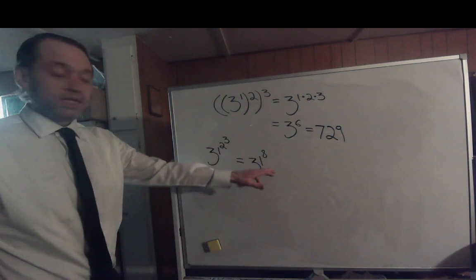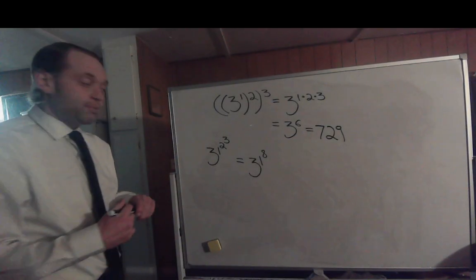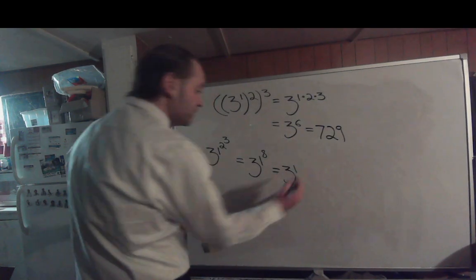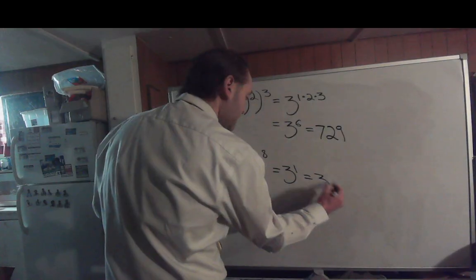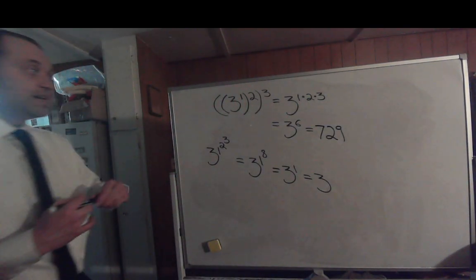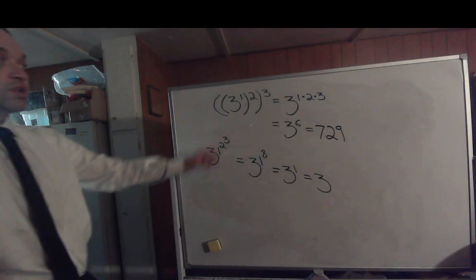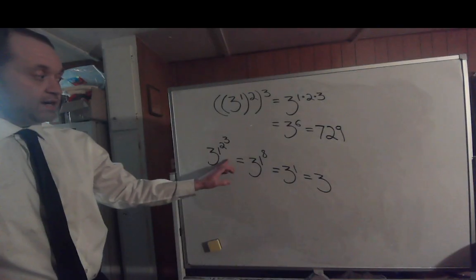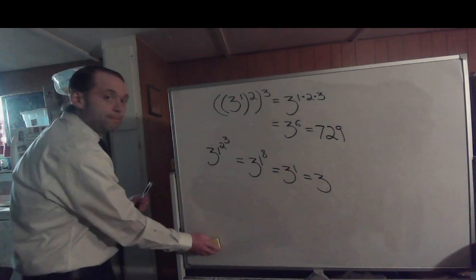So what is 1 to the 8th power? Well, 1 to any power is going to be 1, right? So this would just turn into 3 to the first power, which would just give you 3. Big night and day difference there, right? Between doing the normal, taking a power to a power, and then doing a power tower where there's no parentheses.